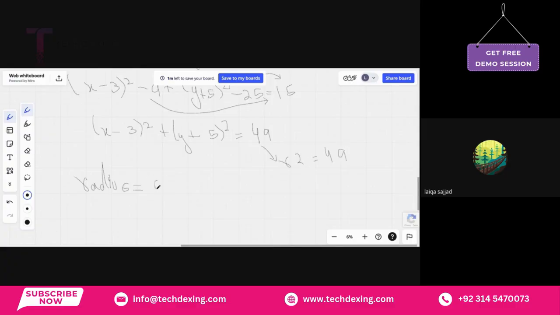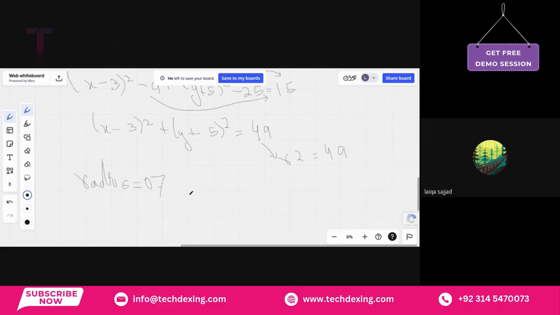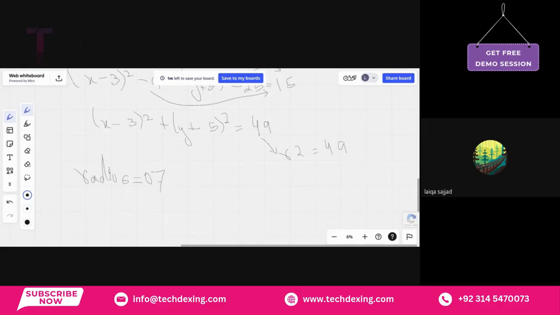So the radius would become 7. And what about the coordinates of the center? It'll be 3 and minus 5. Yes, very good.